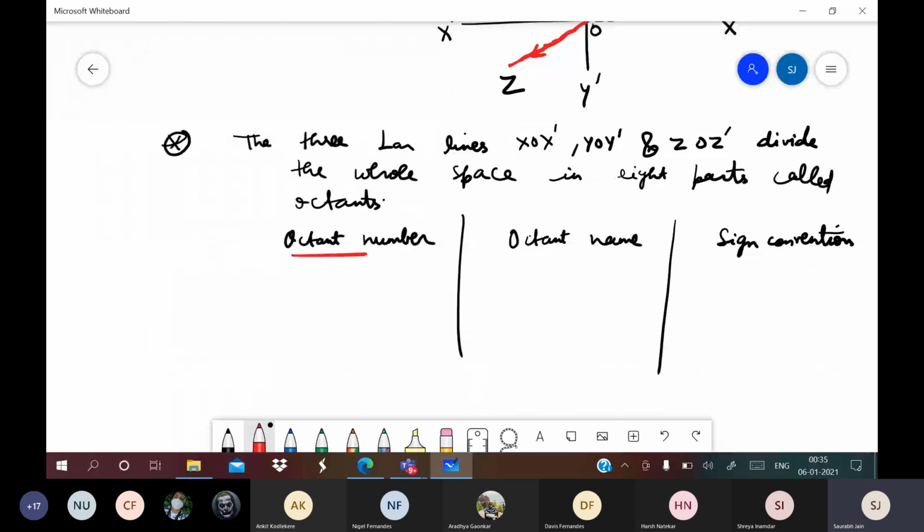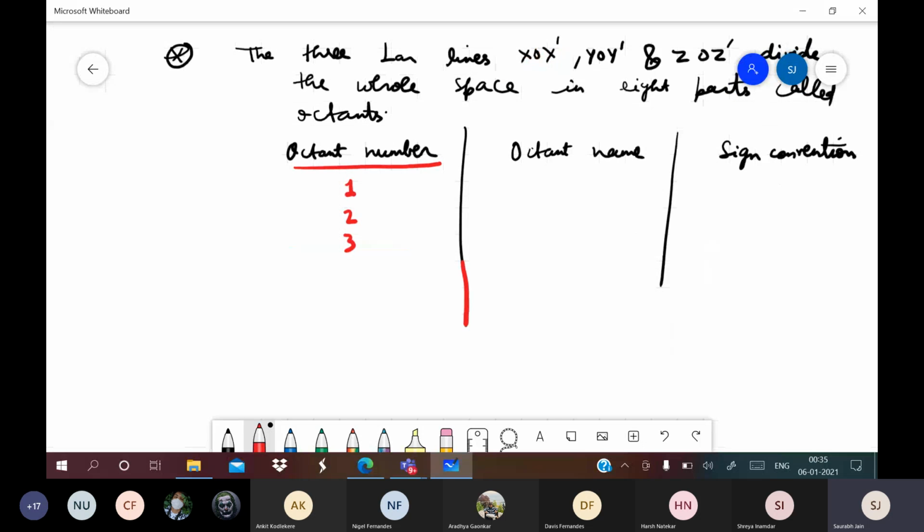See, since we are saying that there are 8 octants, let us write the octant number. These are the octant numbers. Okay, now let us write the octant name. Listen very carefully. Sorry, I repeat, in the first 4 octants, z is positive.